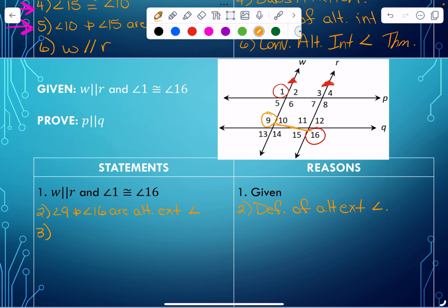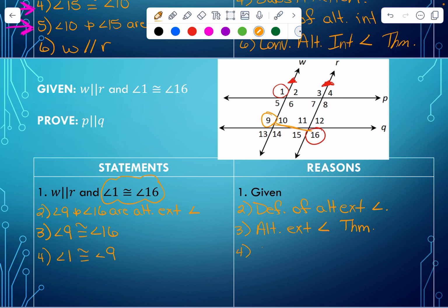Step number 3 then, we know that angle 9 is congruent to angle 16 because of the alternate exterior angle theorem. Now, we know that 1 is congruent to 16 and we know 9 is congruent to 16. So what that tells me then is that angle 1 is congruent to angle 9. That is by substitution.